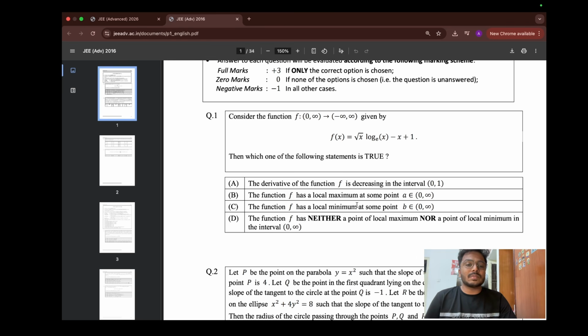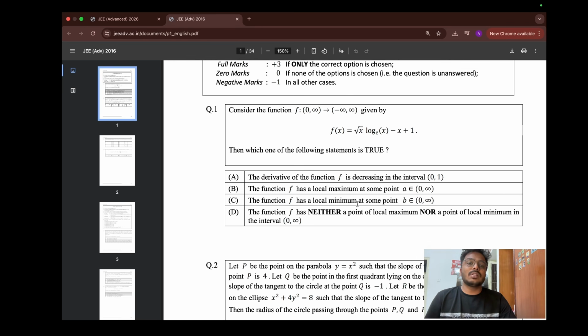This is a really tricky question, and one of the beautiful questions asked in this paper. The reason I say beautiful is that when you start analyzing it by computing the derivative and the second derivative, it gets really tricky and you understand the beauty of the problem.